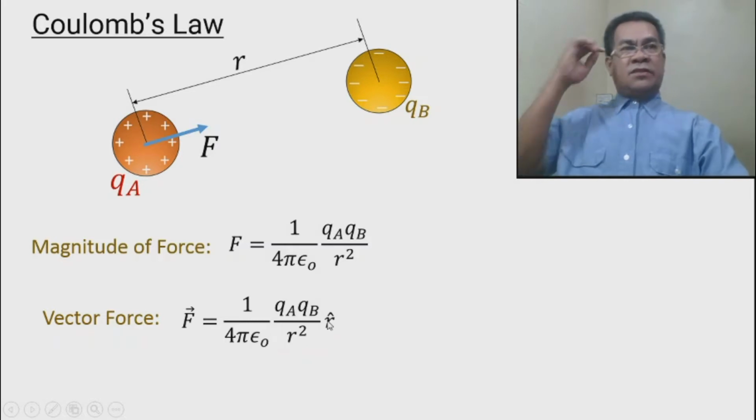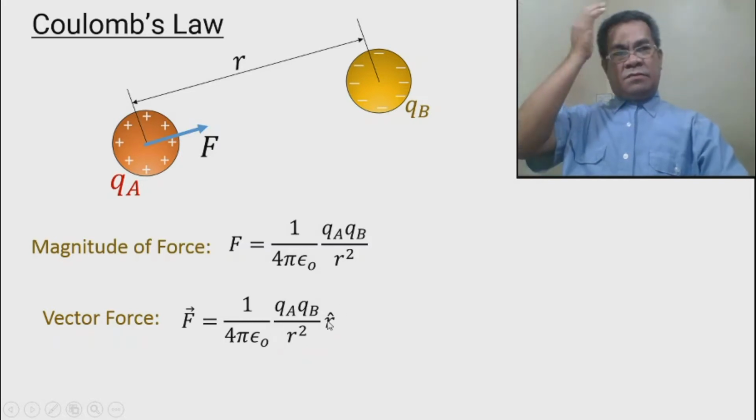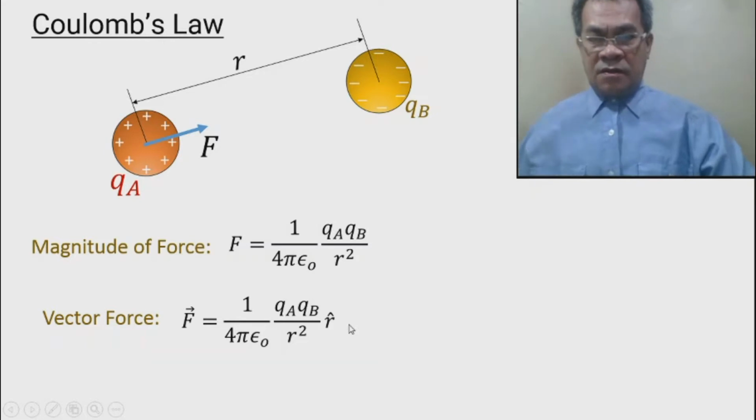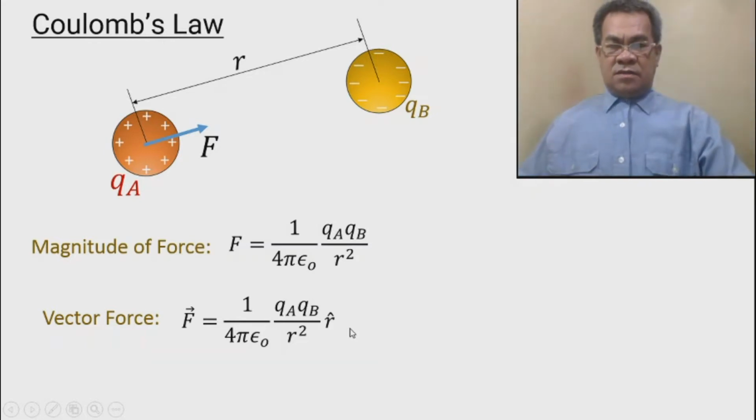So remember, the unit vector is expressed in terms of Cartesian components, so we have the i hat and we have the j hat. For 3-dimensional, we have i hat, j hat, and k hat. So this r hat involves i hat, j hat, and k hat. Okay? So that's it.